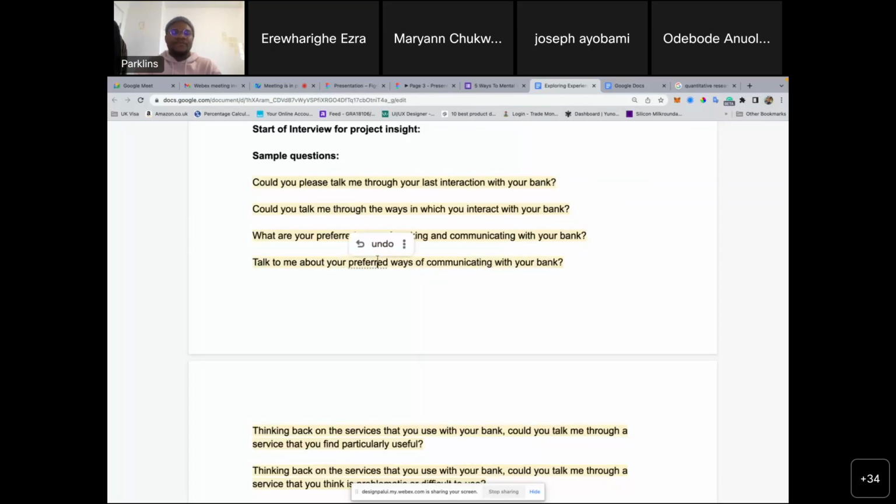This is not a perfect example, but you see the slight difference between this question and this question.